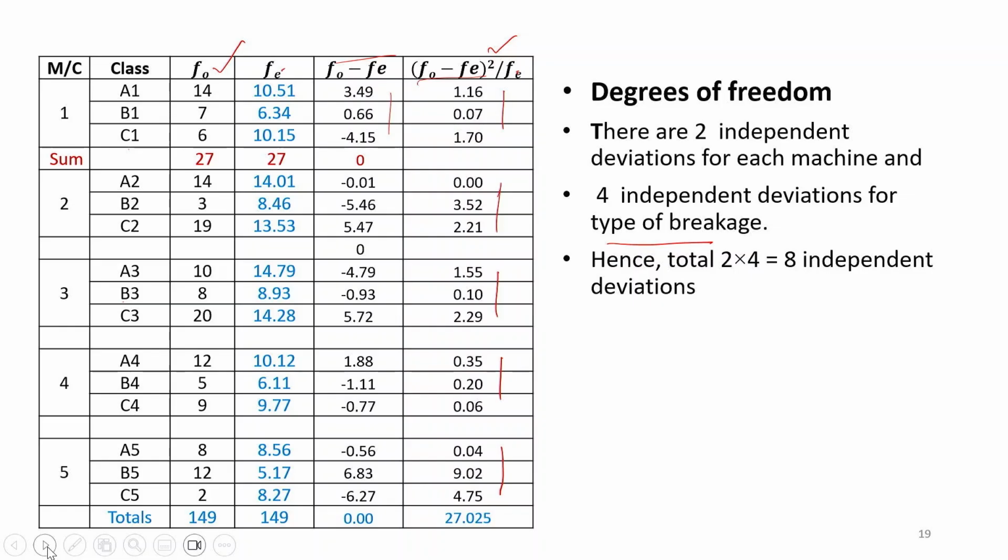And if we observe here, the sum total of observed frequencies for machine 1, actual values are 14, 7 and 6, that makes it 27. The expected values 10.51, 6.34, 10.15. If you add them together, you also get 27.